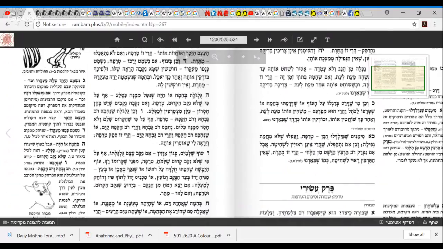Or the other way around, if the circumference around were crushed, but going up is still fine, then this is a terefa out of doubt. And Rabbenu here says that it seems to him that this should be prohibited.